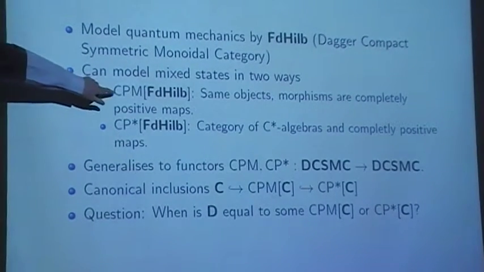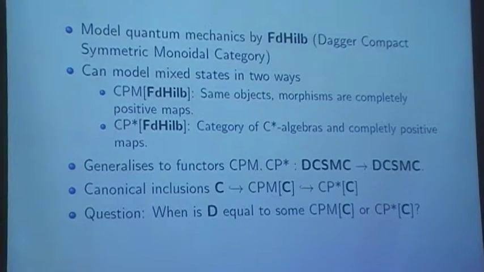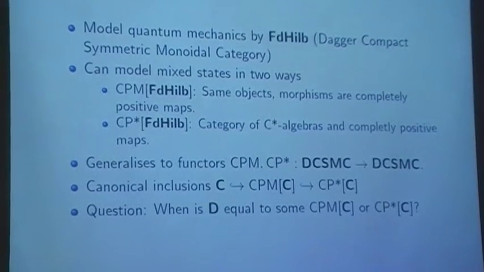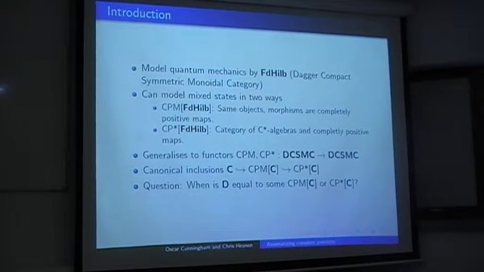And in fact, this generalizes to functors CPM or CP star, which you can apply to any dagger compact symmetric monoidal category. And so there's a question you can ask, which is, given a category, when is it equal to CPM or CP star applied to some other category?